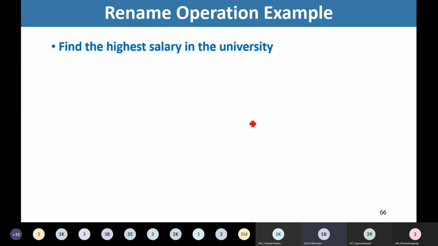What we want is to find out the highest salary of the instructor in the university. So which table should we use? Yes?